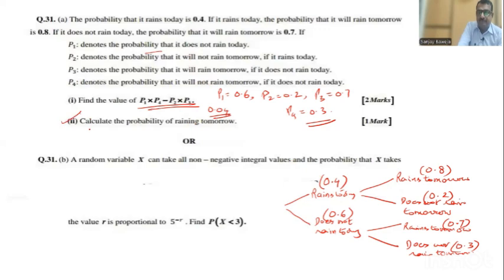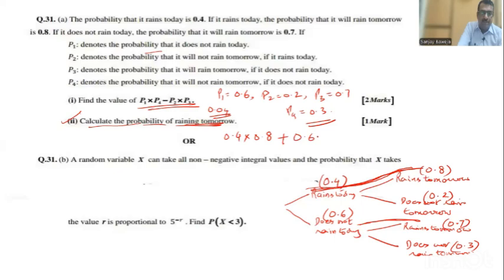Second part of the question says, calculate the probability of raining tomorrow. So look at all the possibilities of raining tomorrow. You just draw an arrow and you will get the answer. In the tree diagram, you can see rains today, rains tomorrow. So it is 0.4 multiplied by 0.8 plus, because there is the other case also, does not rain today but rains tomorrow.